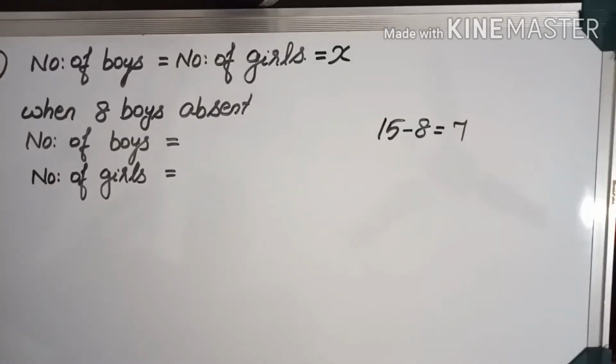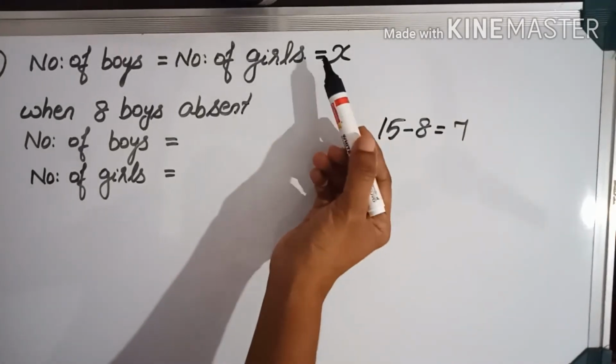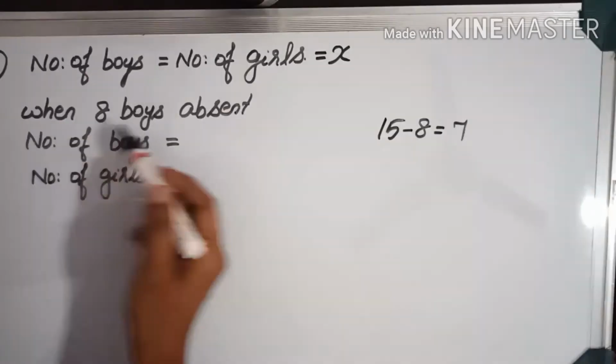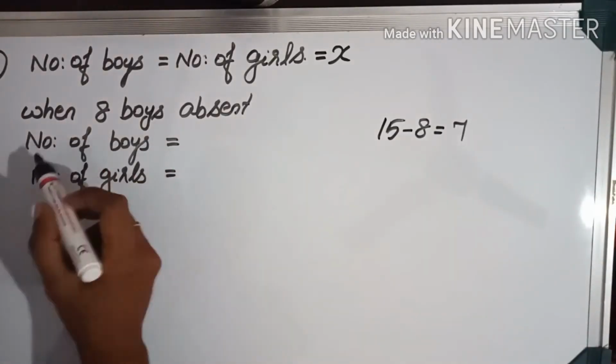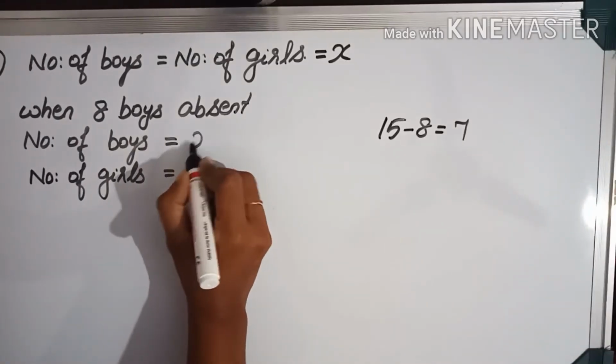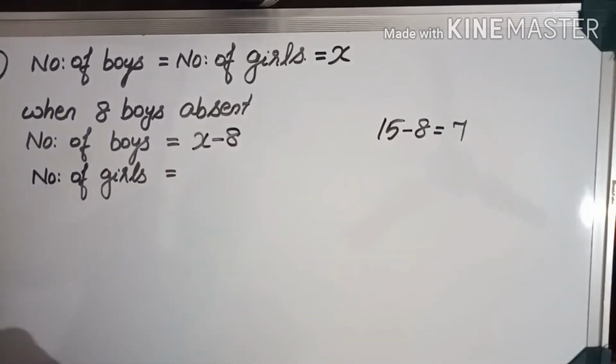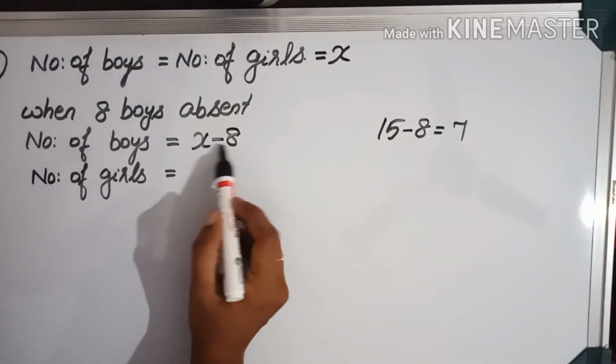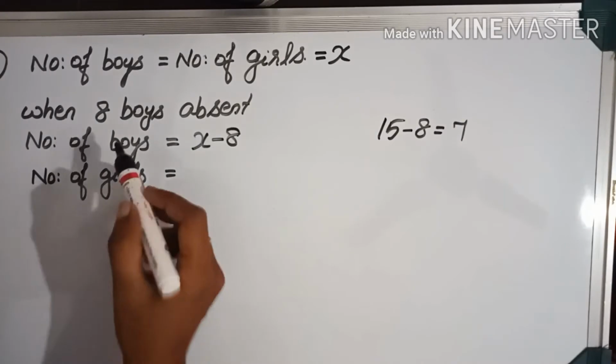Same here, if the total number of boys is X, 8 boys absent means the remaining number of boys will be X minus 8.